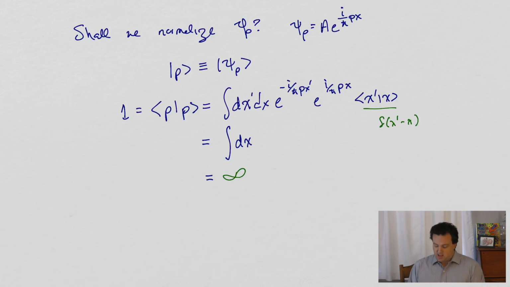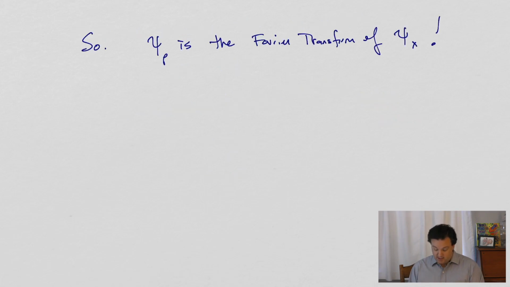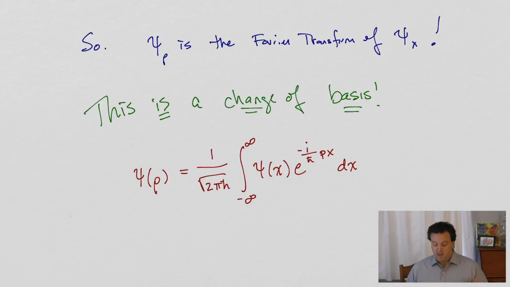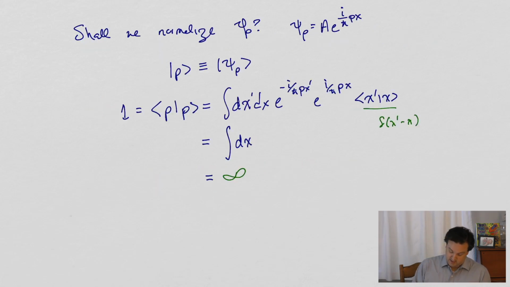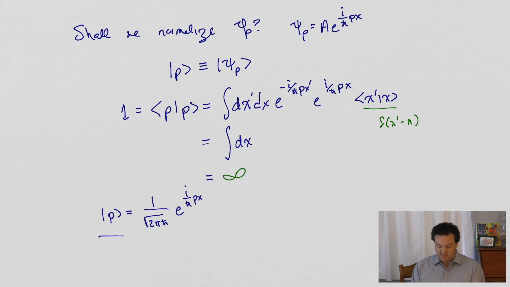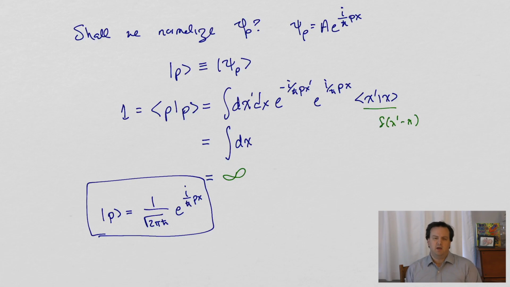And so I do the best that I can, and I just normalize it by hand and say it's 1 over the square root of 2 pi h bar times e to the i over h bar px. I'm going to give it that normalization. This is what's called the Dirac normalization, and it's something that's going to be awfully convenient for us.